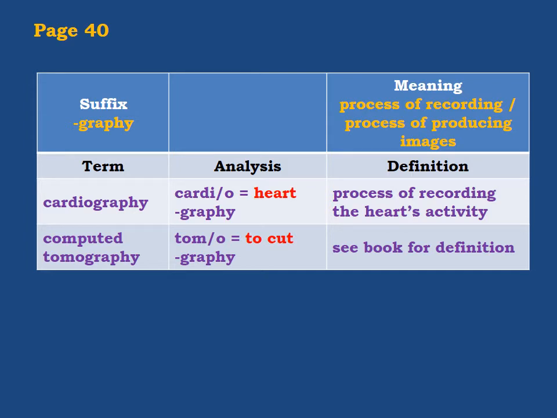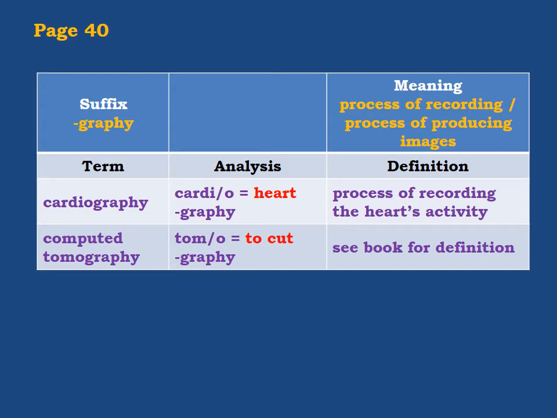Now, let's look at the first term, cardiography. Cardiography, cardi, heart, and graphy, process of producing. Now the meaning, process of recording the heart's activity. The next term is of two words actually, but the first one is an English word.